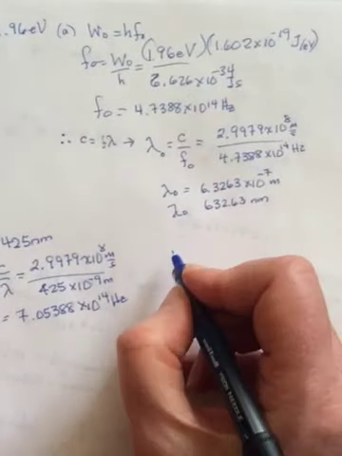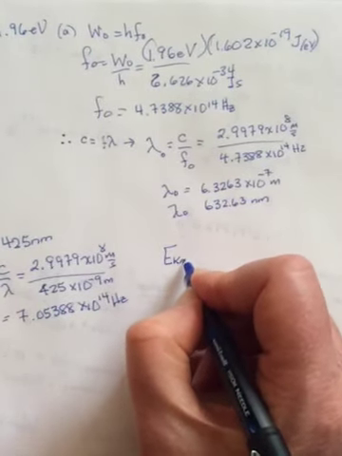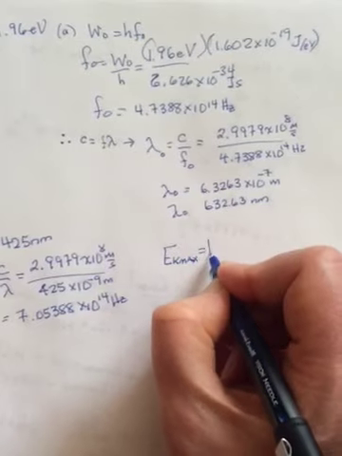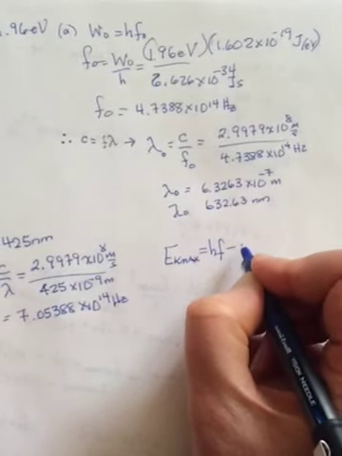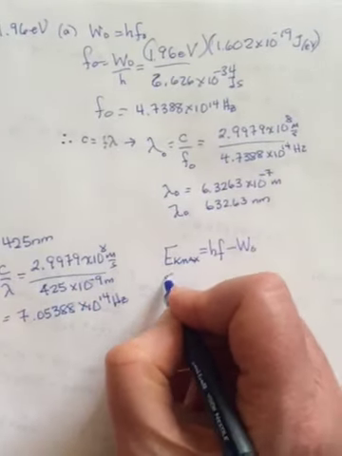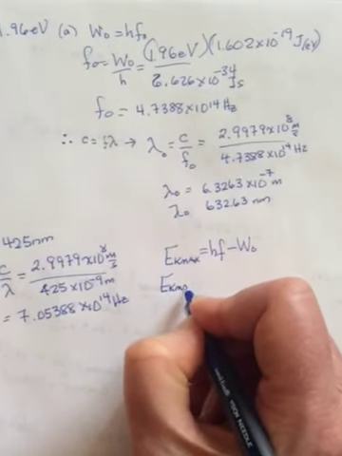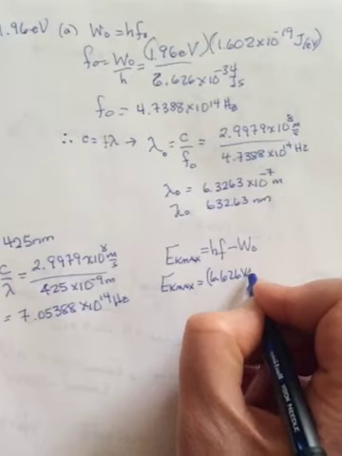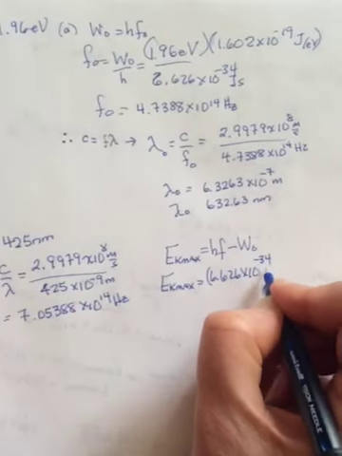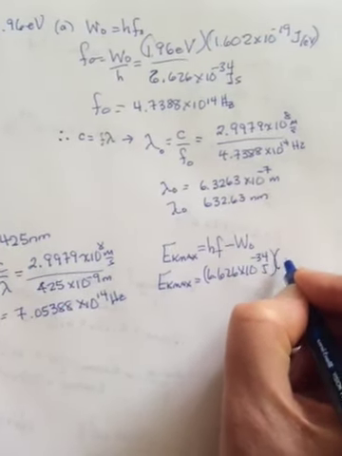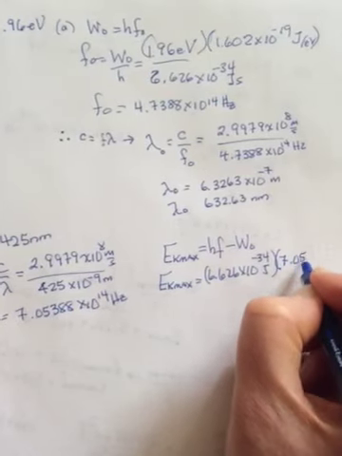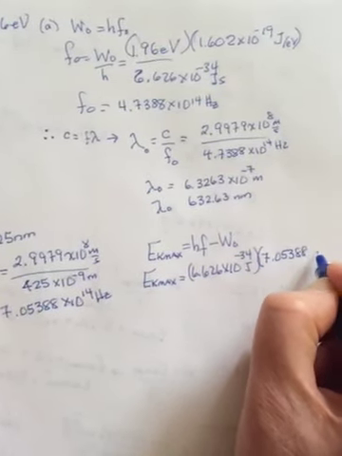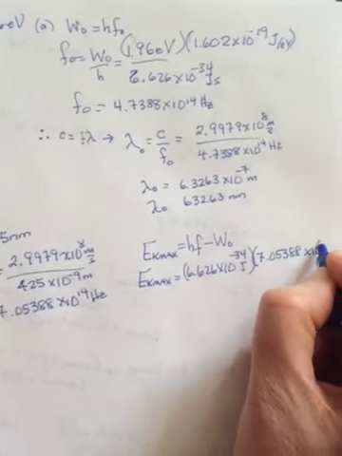Okay, we're looking for EK max. And so our main photoelectric effect equation, EK max equals hf minus WO. So EK max is equal to h, 6.626 times 10 to the negative 34 joule-seconds, times f, 7.05388 times 10 to the 14th hertz, minus WO.